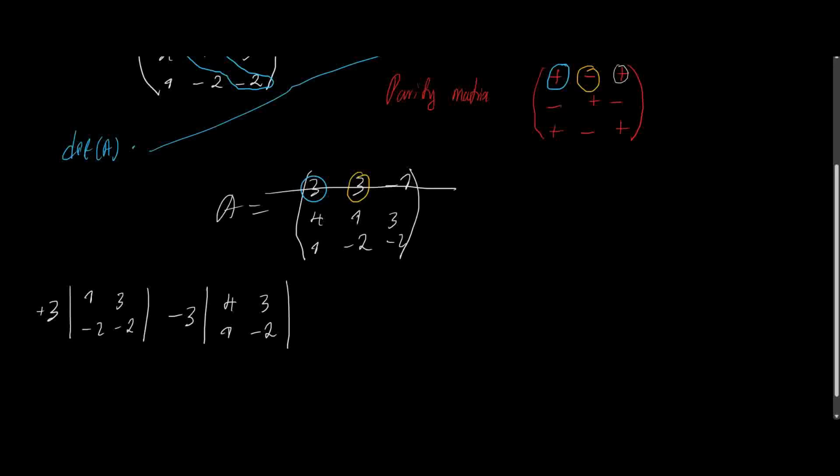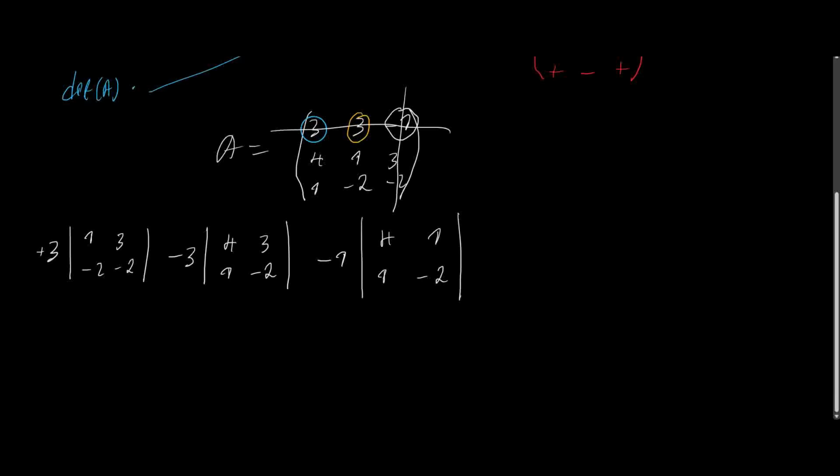And finally, we go to our next element, which is negative 1, and we also consider the parity. The parity here is actually plus, so we just maintain the negative, and the submatrix will simply be 4, 1, 1, minus 2. So that's it, as easy as that.